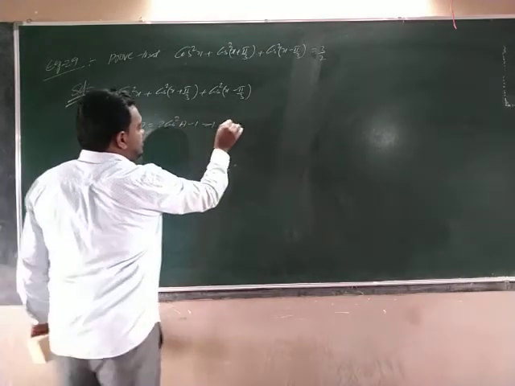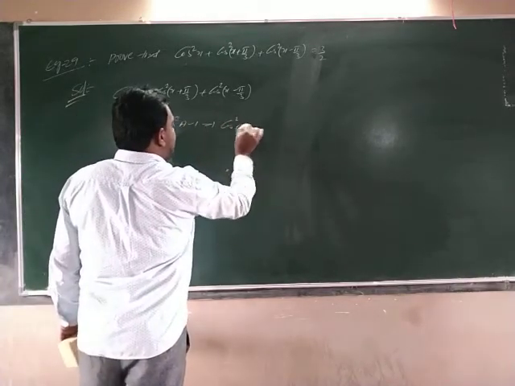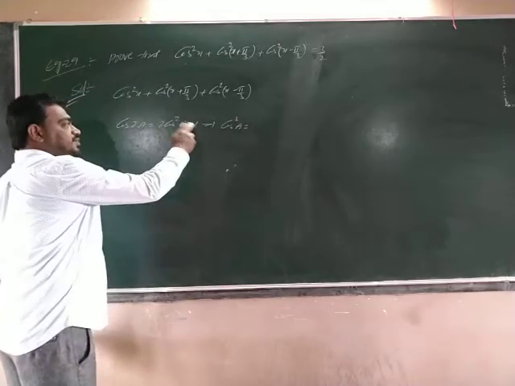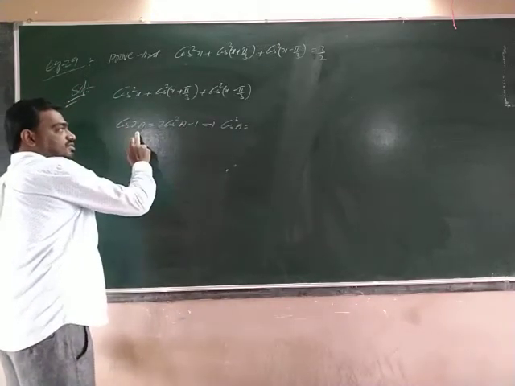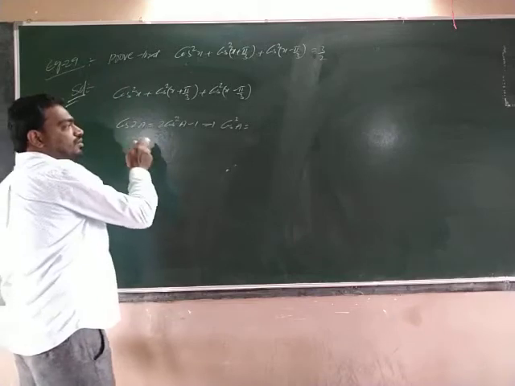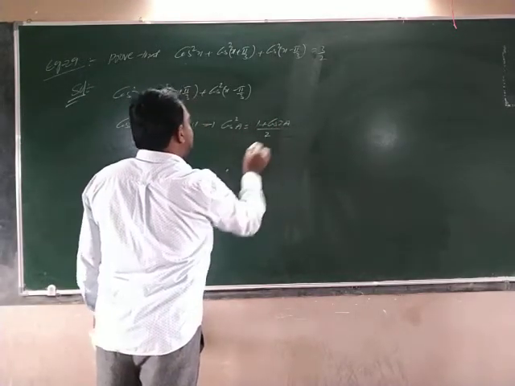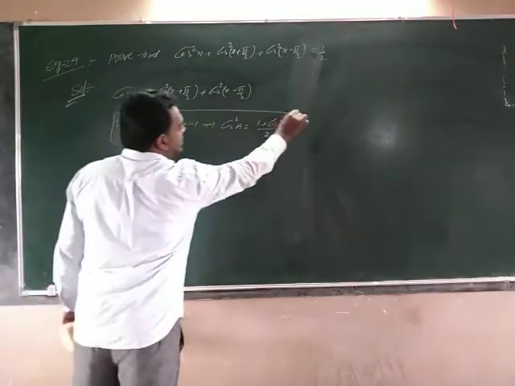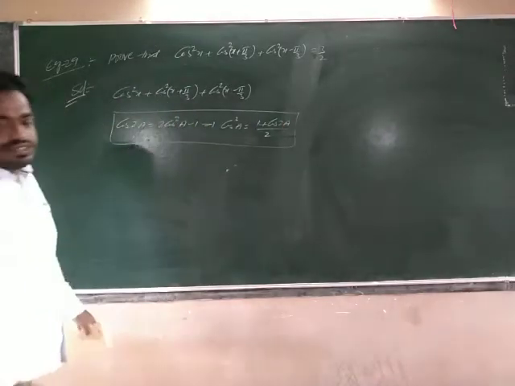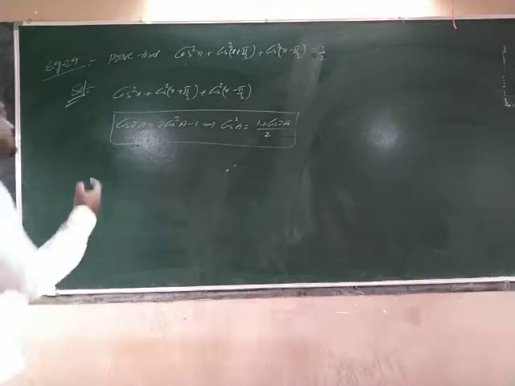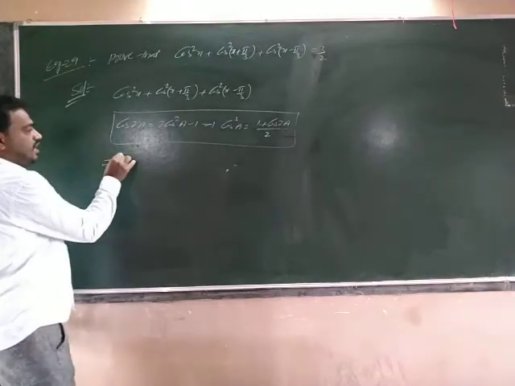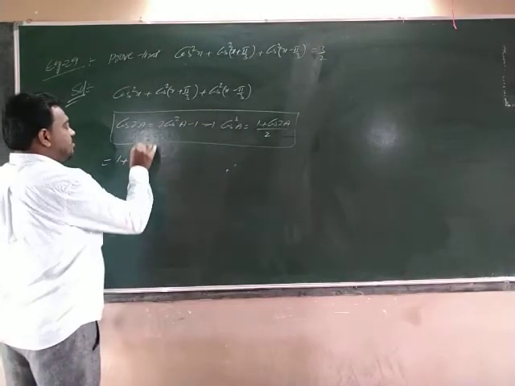From this, write cos square a as the subject. Minus 1 is taken to the left side, so 1 plus cos 2a, and 2 is taken to the right side. So 1 plus cos 2a by 2 is the formula. This is how we got it, from cos 2a.